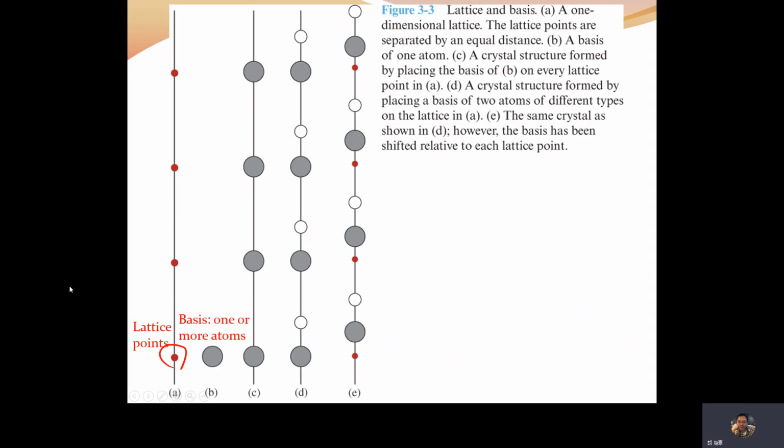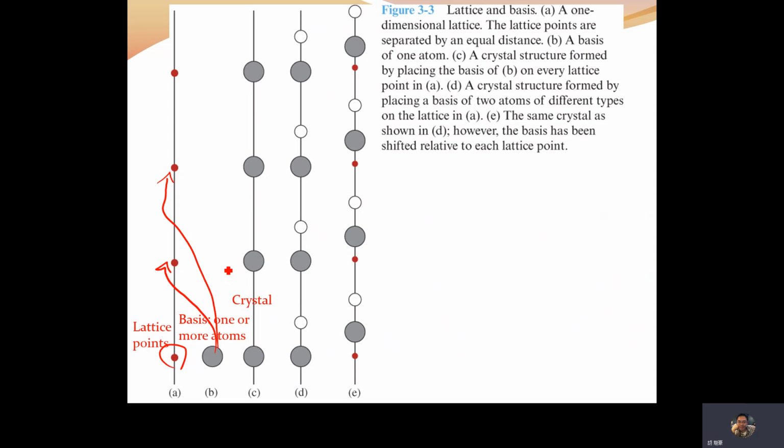And for C, we put the basis at each lattice point. So C is a crystal structure, a one-dimensional crystal structure.